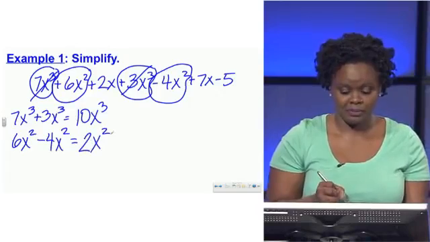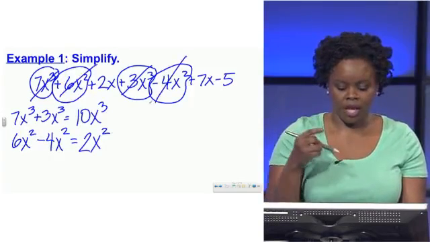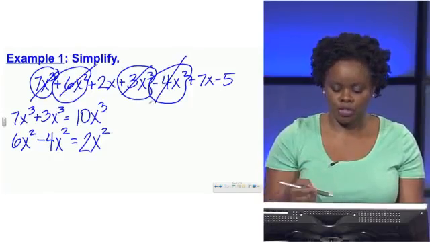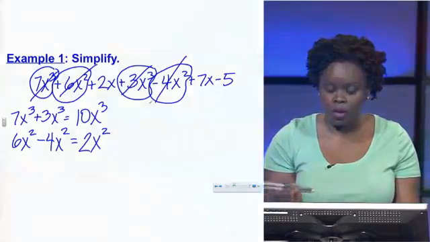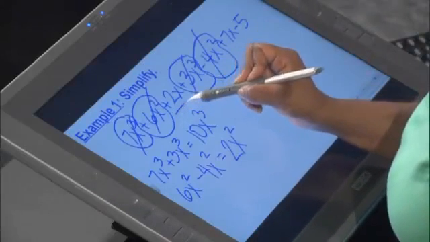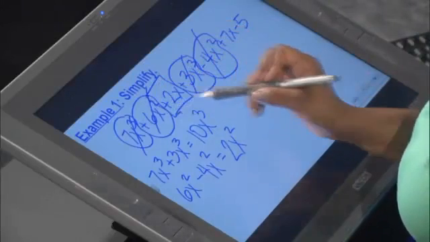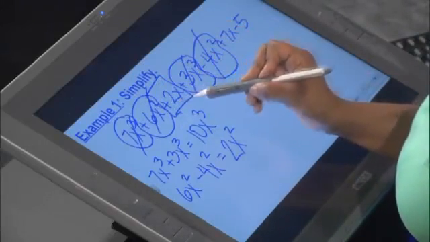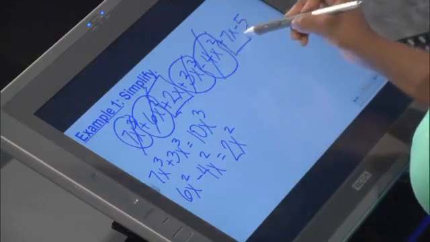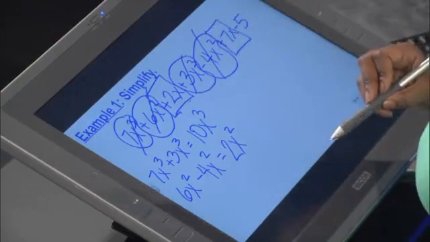Now you've handled this. You handled the exponent of 3, you've handled the exponent of 2, so let's look for exponents of 1, which you really don't see. But here we go, I'm going to start squaring things now. Not as exponents, but just putting them in boxes to help me focus. So I have a 2x, and I have a positive 7x.